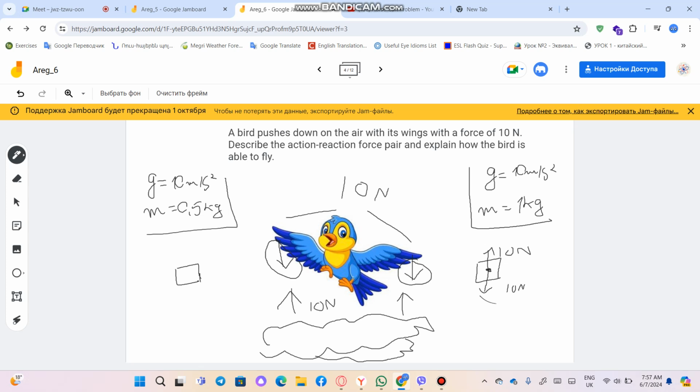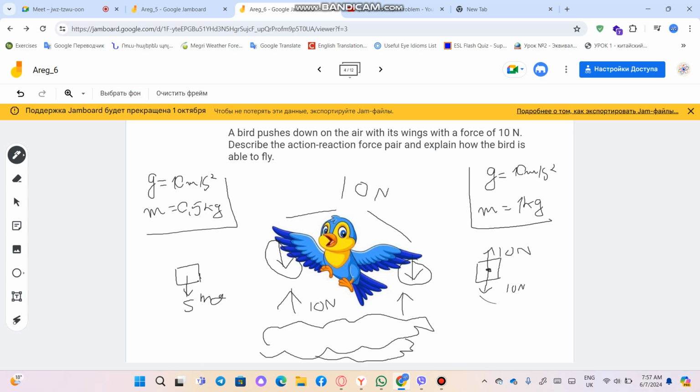Yeah, it's 5, because it's m times g. And the unit is 5 what?